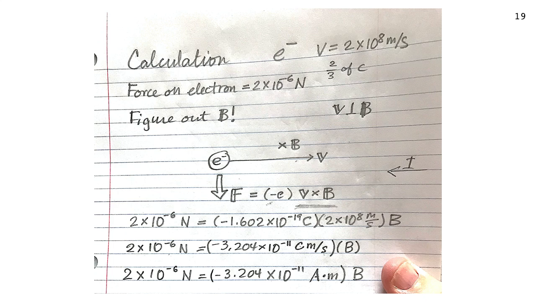All right, so I have 2 times 10 to the minus 6 newtons equals minus 1.602 times 10 to the minus 19 coulombs times 2 times 10 to the 8 meters per second times the magnitude of B, and everything is perpendicular.